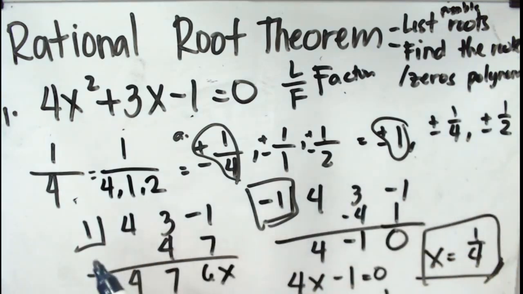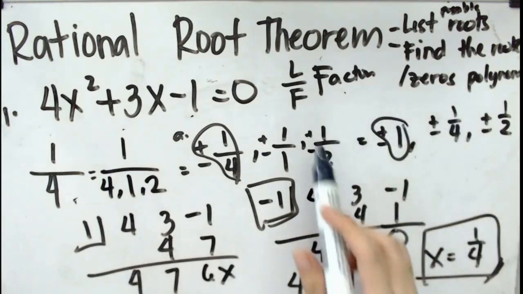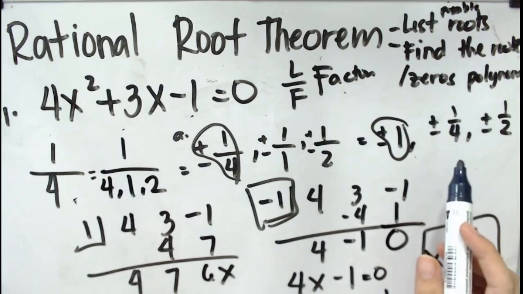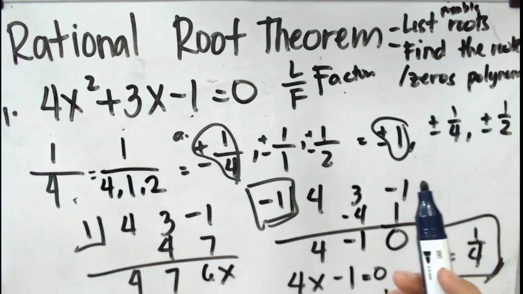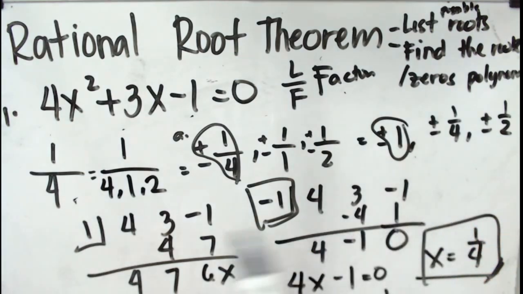And then afterwards, I use synthetic division to find out which numbers from the given list are the zeros. When I use 1, the remainder is 6, so 1 cannot be a zero. And then when I use -1, I found out that the remainder is 0. Therefore, -1 is one of the factors.